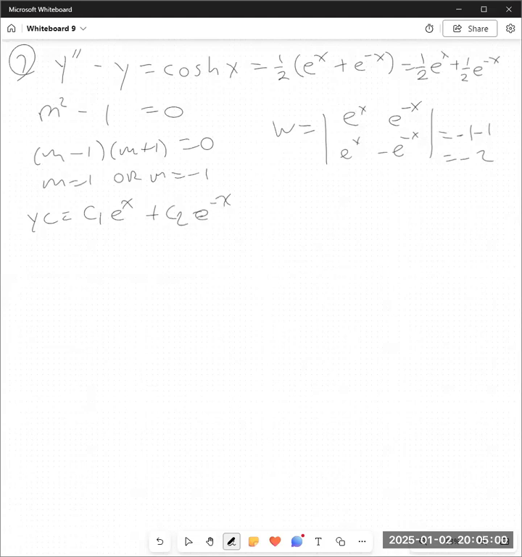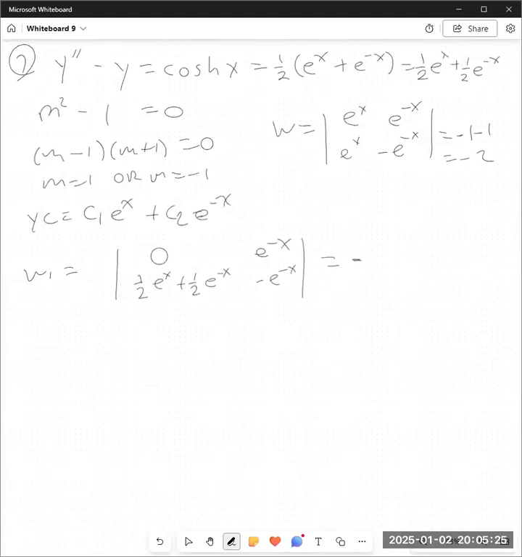And so we're going to get, let's see here, W1 is going to be 0, 1/2 e to the x plus 1/2 e to the negative x, e to the negative x, negative e to the negative x.